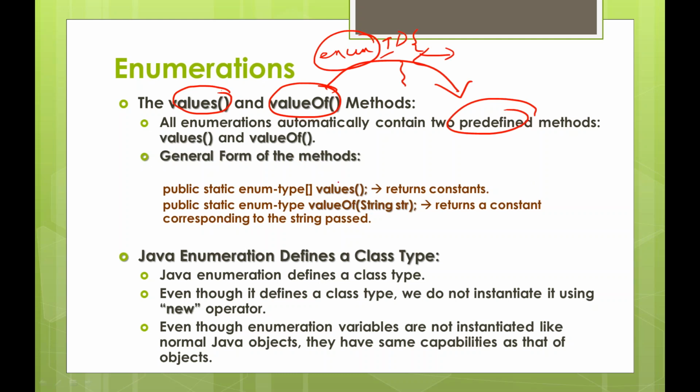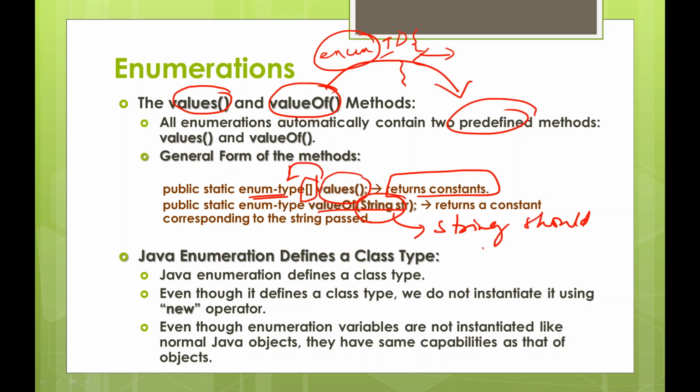The signature is like this: values returns an array of the enum type, that is, your enumeration constants. And valueOf takes a string which should represent a constant.